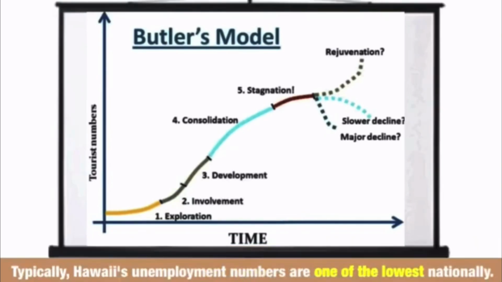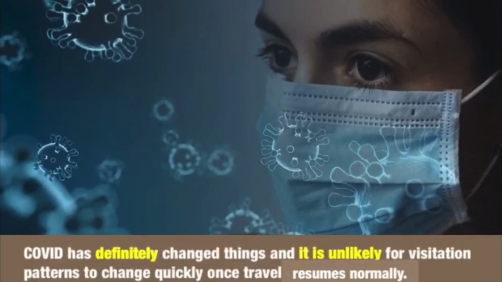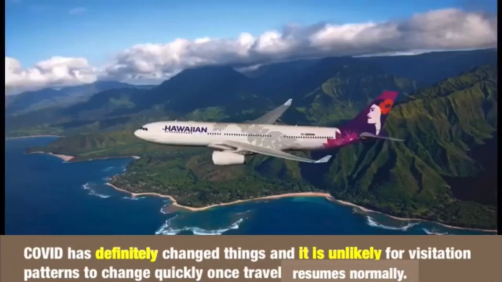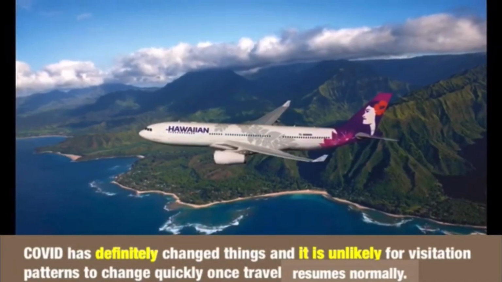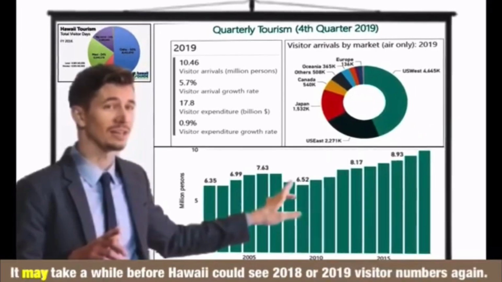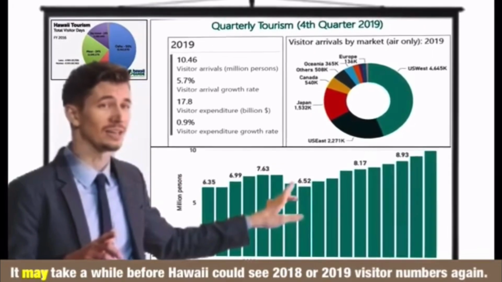Typically, Hawaii's unemployment numbers are one of the lowest nationally. COVID has definitely changed things, and it is unlikely for visitation patterns to change quickly once travel resumes normally. It may take a while before Hawaii could see 2018 or 2019 visitor numbers again.